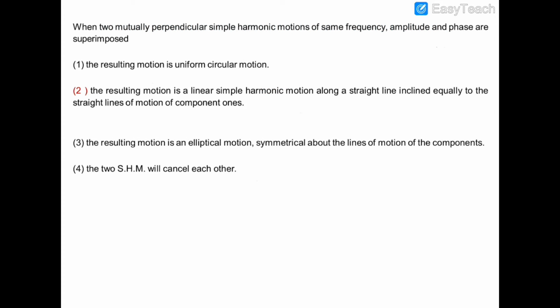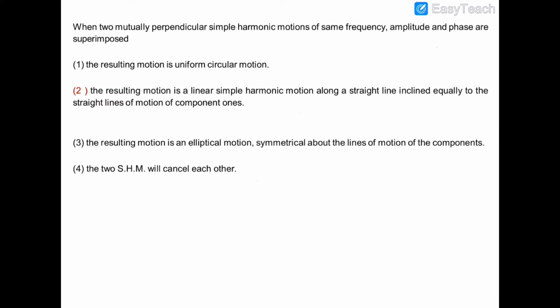In this question, it is given that two mutually perpendicular simple harmonic motions of same frequency, amplitude and phase are superimposed on each other.